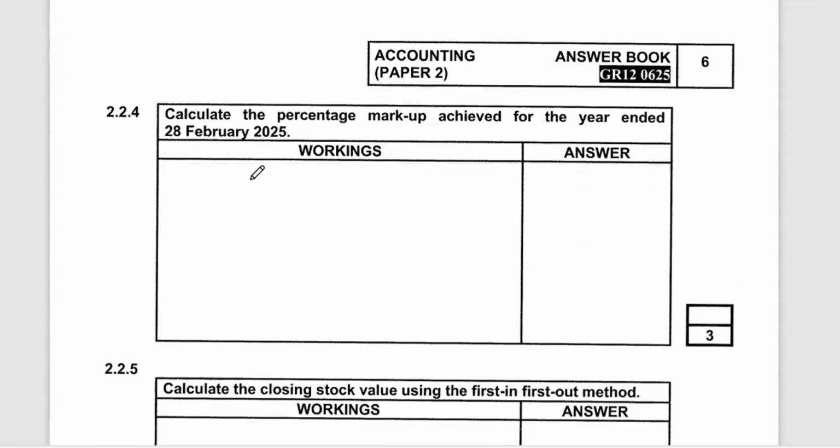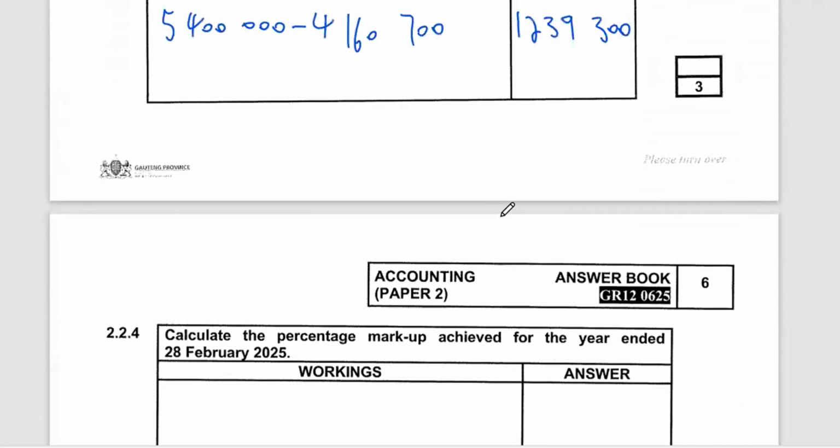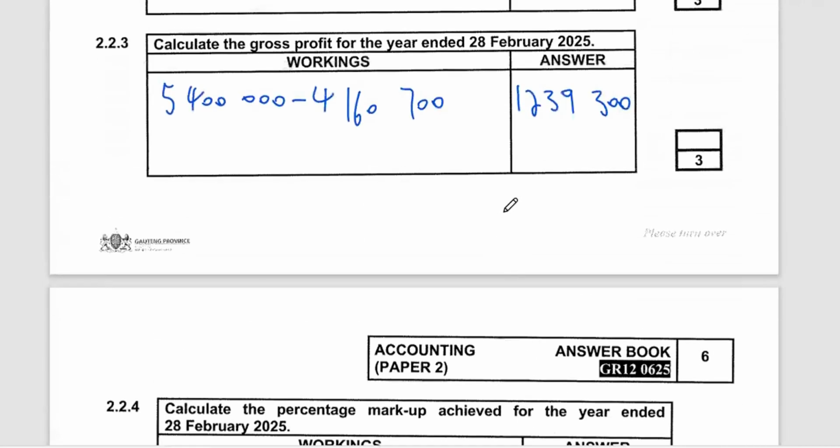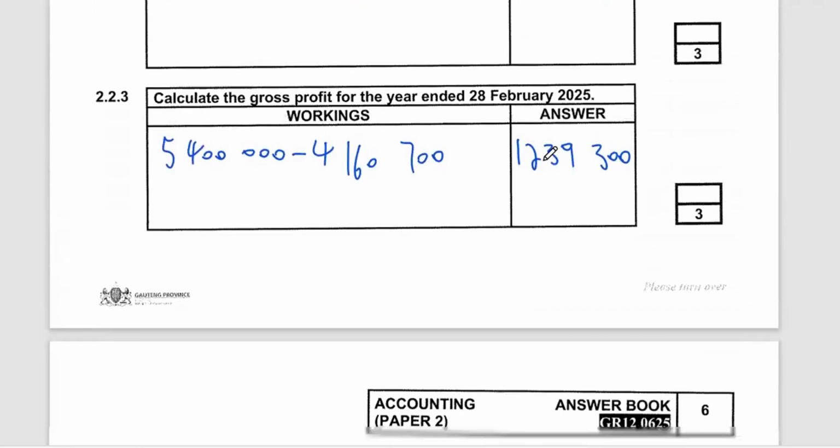Then 2.2.4, we are required to calculate the percentage markup. So now let's go to our information so that we can calculate our percentage markup. What is the formula of calculating the percentage markup? It's the gross profit over cost of sales.